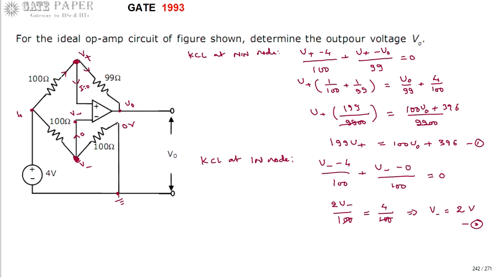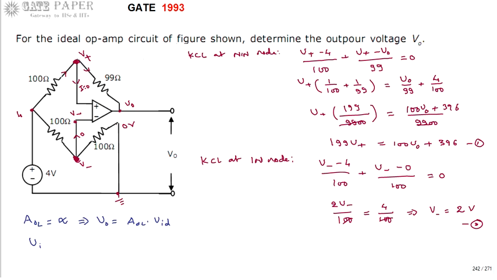If you remember, the given op-amp is of ideal nature. An ideal op-amp has open loop gain equal to infinite. Generally, output voltage is open loop gain times the differential input voltage.